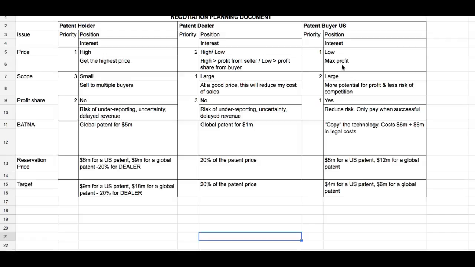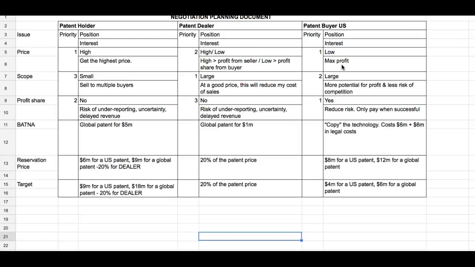But how come a low price is better? If the buyer buys a patent, let's say for $10 million, and he makes a gross profit of 12 million, then the only profit that remains is 2 million.